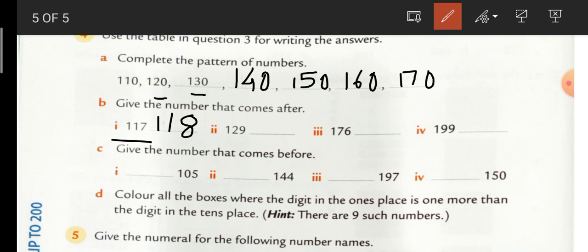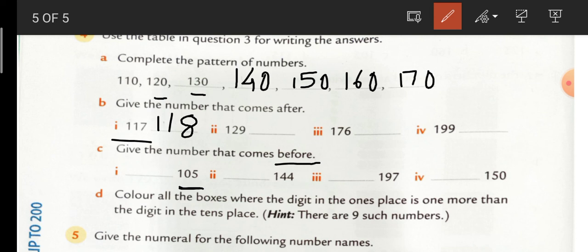Okay, no problem. Now give the number that comes before. Again you can use the above numbers up to 200 and you can fill in these. Okay, the number that comes 104, 105. Now see what will come before 5. You can go backward counting. Okay, 5, 4.